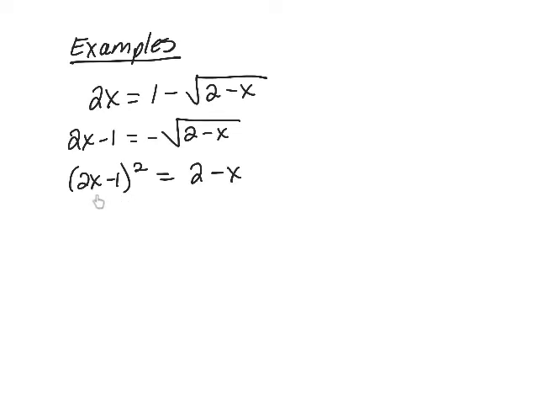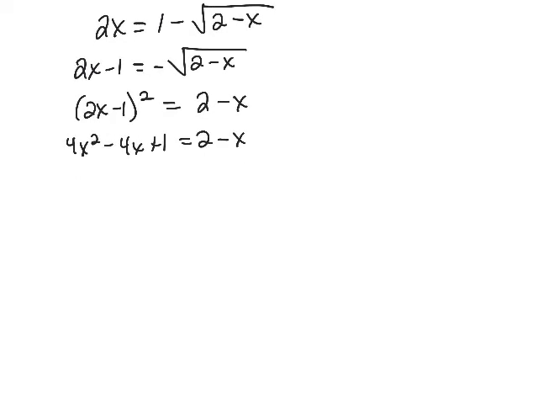So now I have to expand that squared binomial, and it expands to 4x squared minus 4x plus 1. I have a second degree equation that I'm going to solve. So I've got to get 0 by itself. I'm going to subtract 2 and add x. And I have 4x squared minus 3x minus 1, and that's equal to 0.